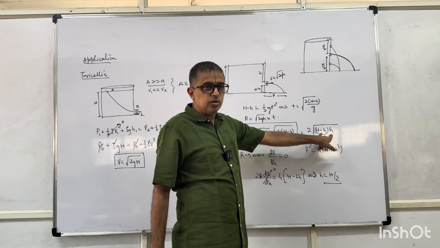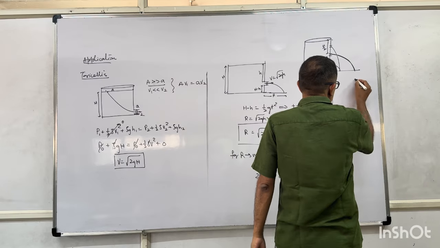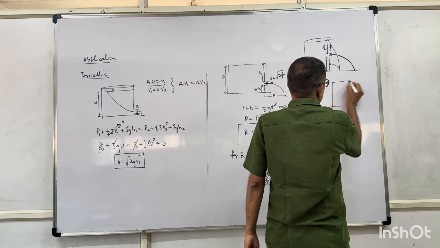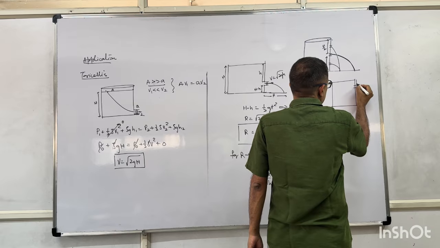Interchange these both. Range is 2 times root over of h minus h into h. Have a look, if this is h and this is h minus h, you will have range here.